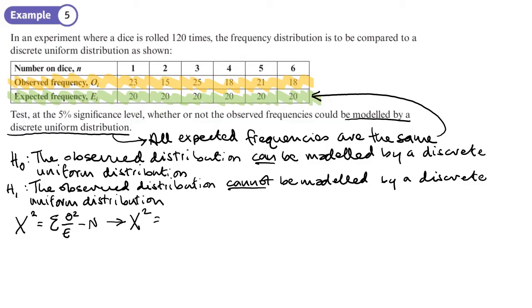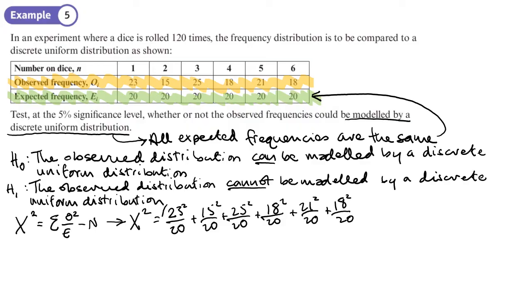We will have the first observed squared over 20, plus the next observed squared over 20, and so on, all over 20 because all the expecteds are 20, up to the last observed squared over 20. You need to find the sum of those, then we take away n, and n is going to be 120. I will work this out and see what we get.